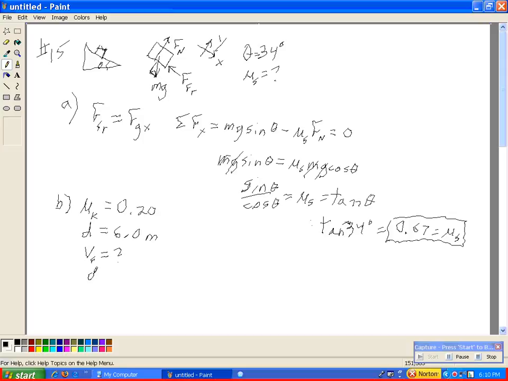Well, the best way to solve something like that is to find out what the acceleration is. Okay.